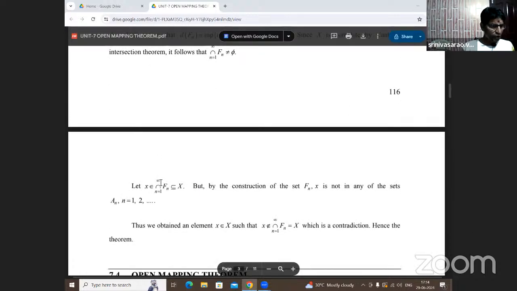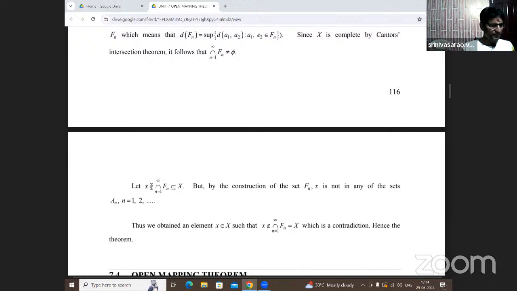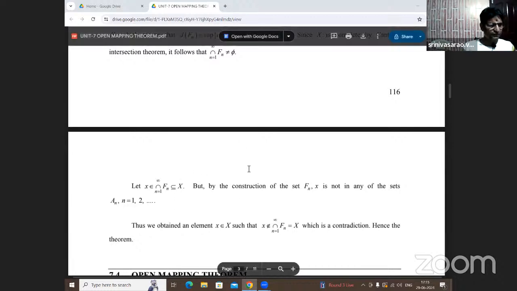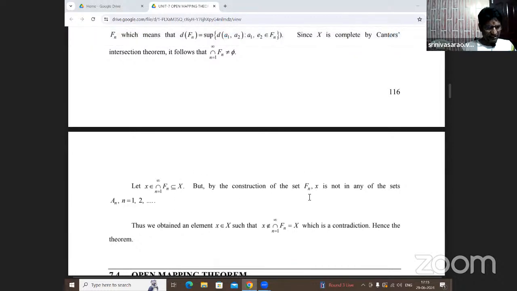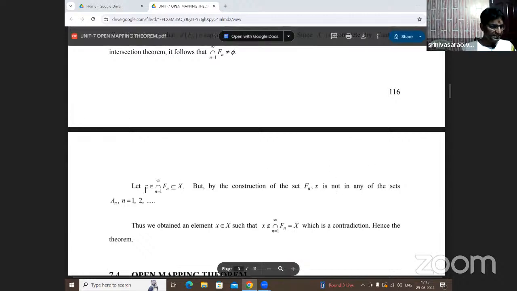Now suppose one of the elements in the intersection of the concentric closed spheres is small x, and small x belongs to capital X. Students, listen carefully here. According to the construction of the sets F_n, x is not in any of the sets A_n, for n equals 1, 2, and so on.